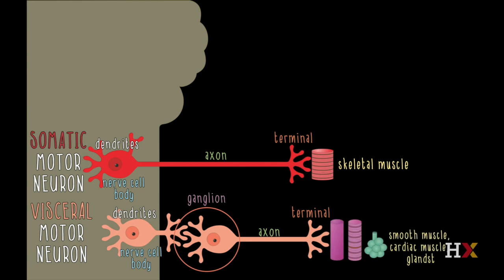And in this case, the neurotransmitters will be released to receptors on smooth muscle, cardiac muscle, and a gland, which is secreting. So the difference again between these two motor pathways is there's one neuron between central nervous system and skeletal muscle target for somatic motor neurons, and two in the pathway between central nervous system and smooth muscle, cardiac muscle, and glands for visceral motor neurons.